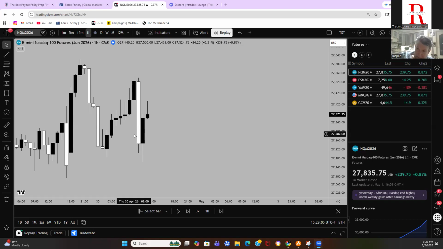It's after the fair value gap is formed. So when it's formed, you would want price to inverse it within actually 3 or 5 candles, 3 to 5 candles. That would provide an A plus setup.